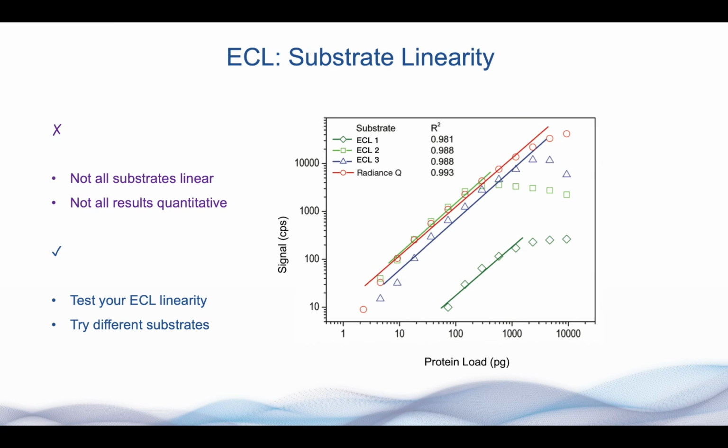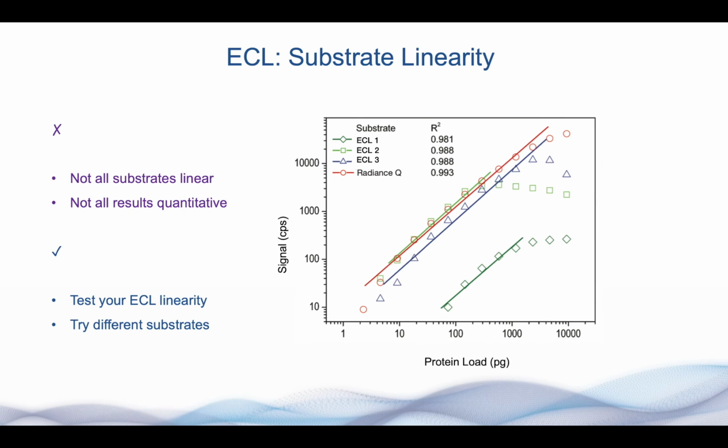And last but not least, the most important is the choice of a substrate that purely defines what kind of data we get from our ECL Western blot. If we choose a stronger substrate, we will see a different range of information than if we choose a less sensitive substrate.